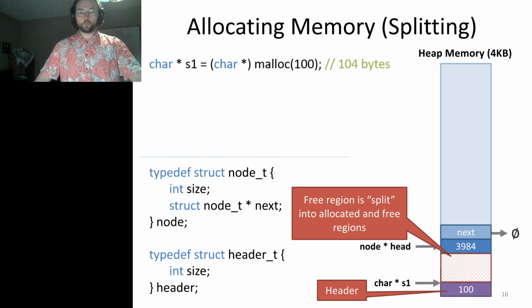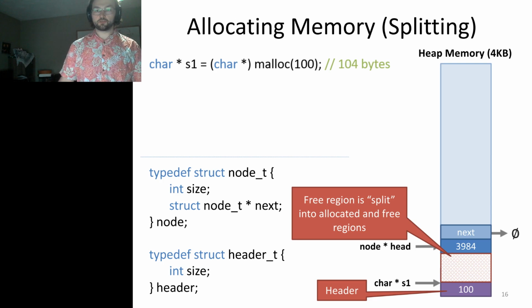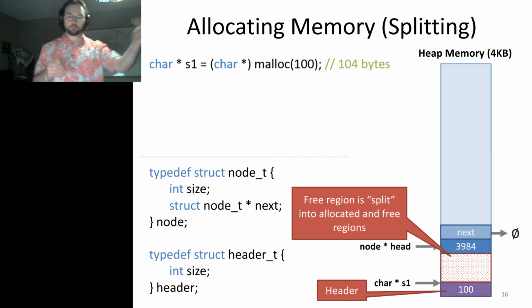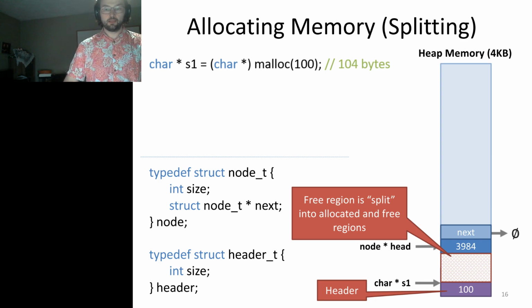A piece that is 104 bytes that is allocated, so we return pointer S1 and we set the size field to 100 because that's the size of the user allocated piece of memory. The free list then becomes the rest of the heap. It's still one cell that is the rest of the 4K page that was the heap, but now it's pointing starting after the newly allocated block of memory.